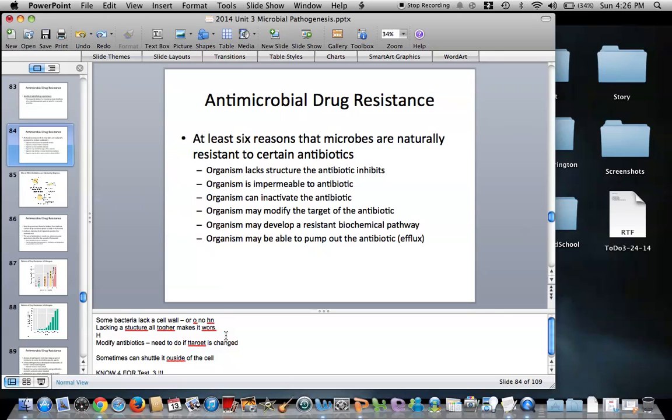It might modify the target. It might develop resistance through a biochemical pathway, or it may just pump out the antibiotic. So it might pump out, might not have the structures, might retarget, and might inactivate it somehow.